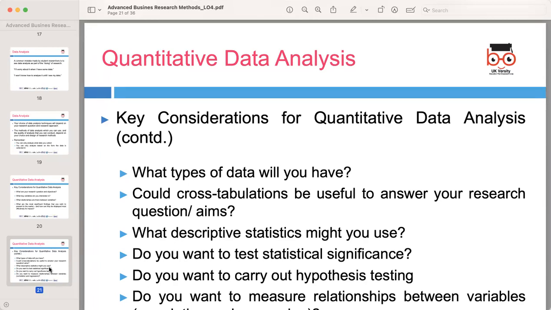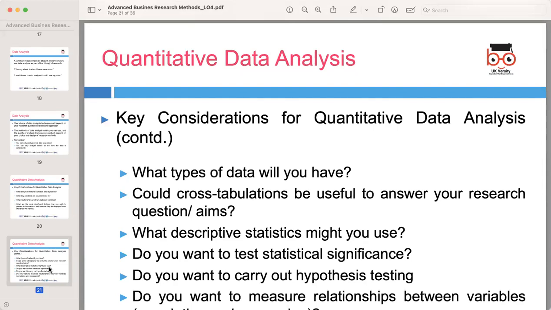Descriptive statistics are used to summarize and describe the main features of your data. These statistics provide a clear and concise summary of the data set. Common statistics include measures such as the mean, also known as average, median, middle value, and mode, most frequent value.